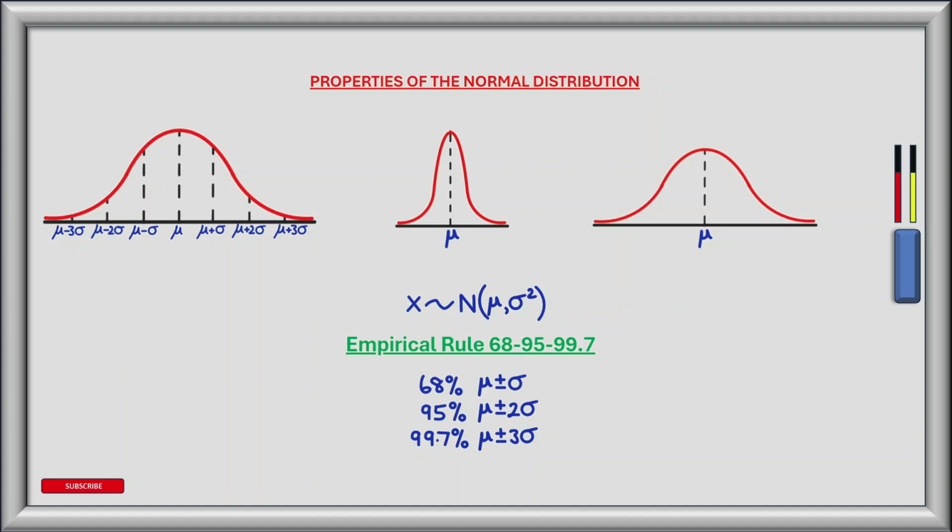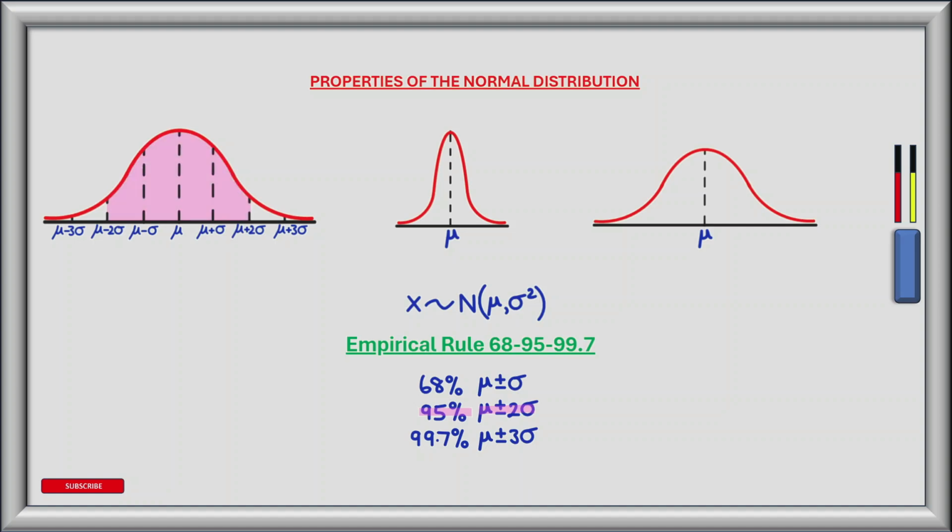The empirical rule, or the 68, 95, 99.7 rule, states that 68% of all outcomes fall within one standard deviation of the mean. So that's one standard deviation either side of the mean, indicated by the pink region on the graph. And that 95% of all outcomes fall within two standard deviations of the mean.